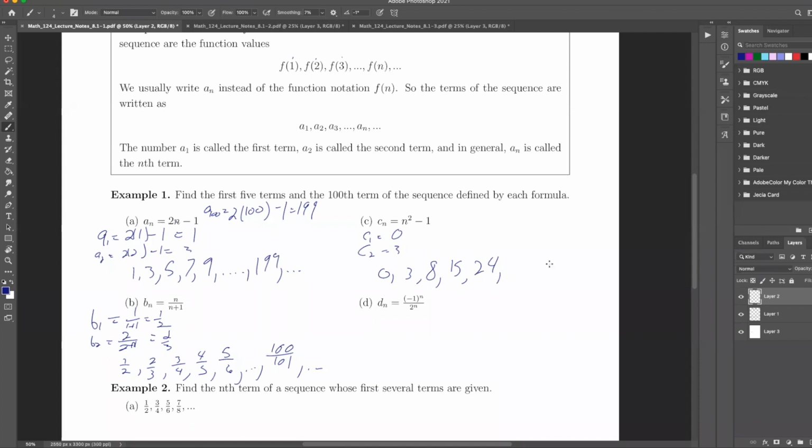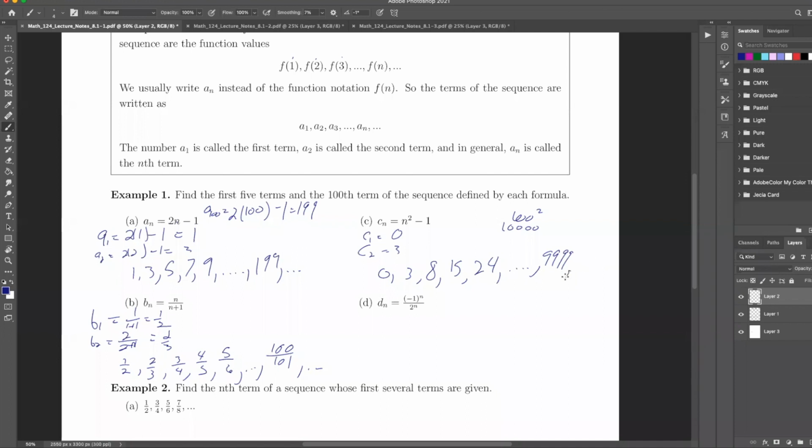And the 100th term, 100 squared, would be 10,000, minus 1, so 9,999.